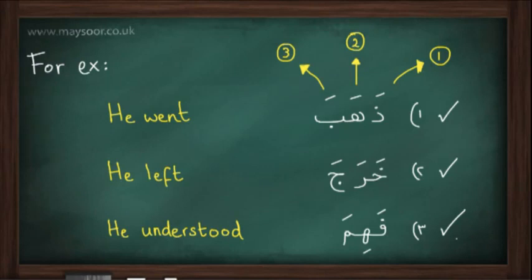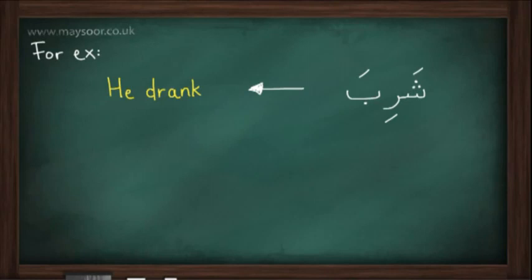It's important to note the root of a verb in Arabic coincides with the singular, masculine, third person, and the action of the verb in the past. For example, shariba means he drank. Jalasa means he sat.